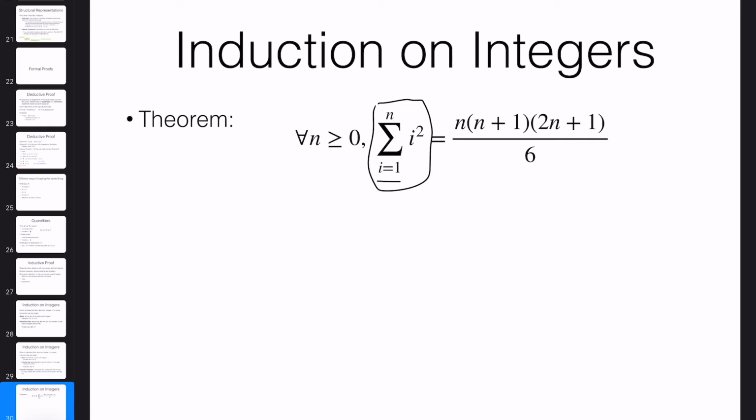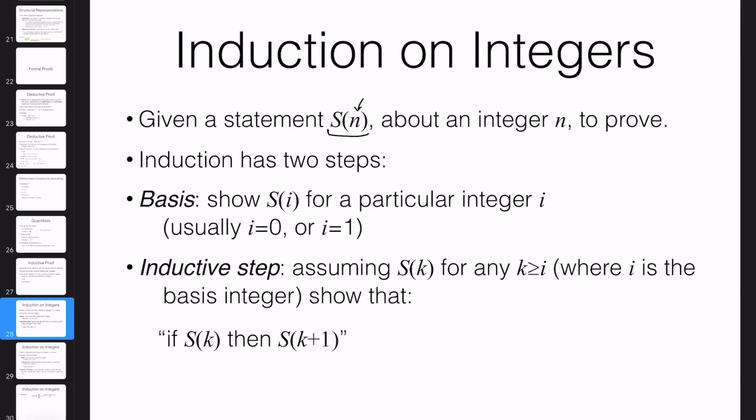You can see that the whole statement is about n, right? That's why we can write it in the form of S of n. The whole theorem will be written as S of n, and you want to prove this S of n.